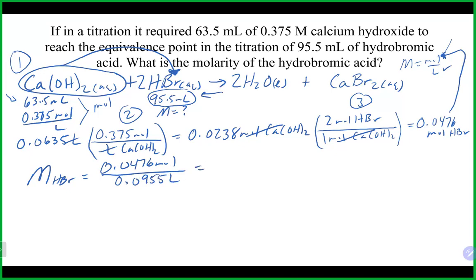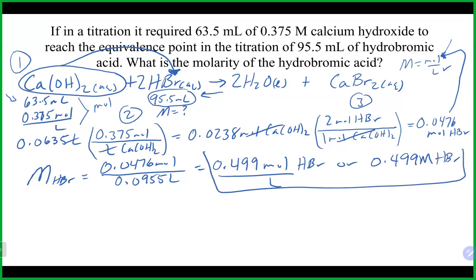That's going to get us a molarity of 0.499. This is going to be moles per liter, as none of the units cancel, of HBr. At this point, since it is the end of the calculation, you can put the big M instead and do HBr. They're both perfectly acceptable answers. And again, this would be basically our 4th step in our stoichiometry calculation.